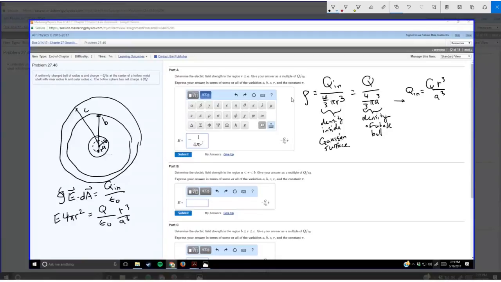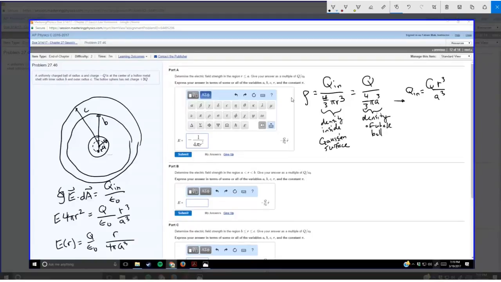So when we solve for E as a function of radius, it wants us to do it in factors of Q over epsilon naught, so I'm going to keep Q over epsilon naught by itself. This r squared will cancel with two of those there, so this will be r over 4 pi a cubed.